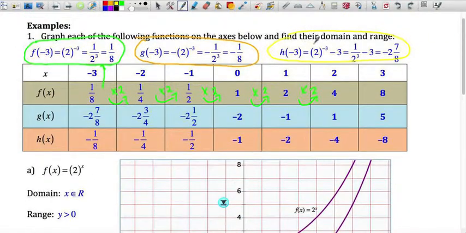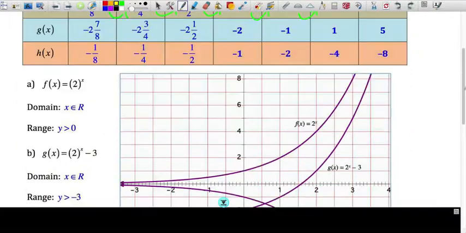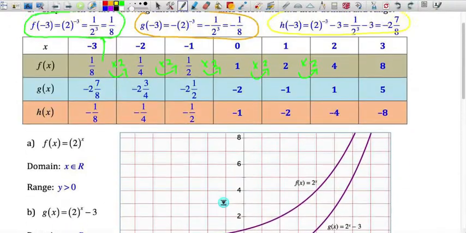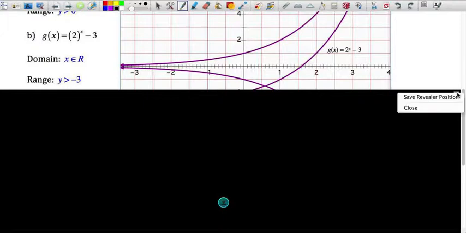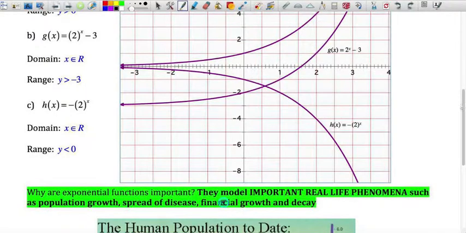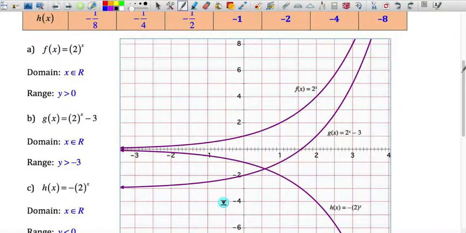And so I think I've just made a small typo here, so this should in fact be the g of x function. Apologies, that's g and this is h. But what we can see from the values here is that for each of these functions we can in fact use the original values. And so if you were to look carefully at each of the functions, here is 2 to the power of x.